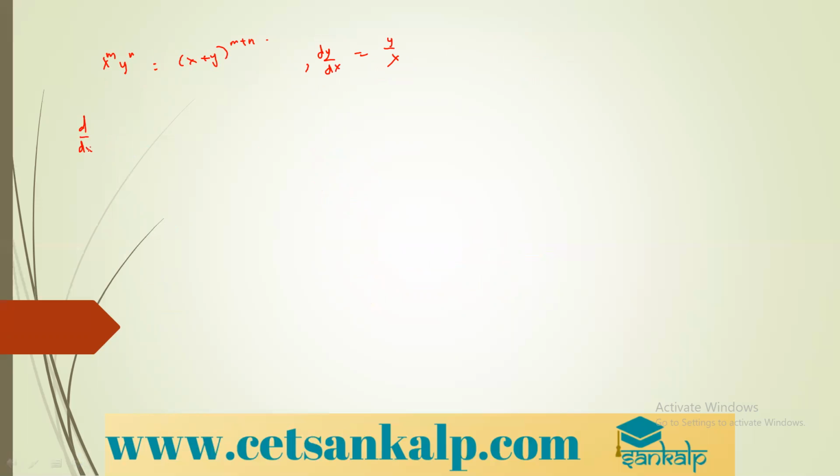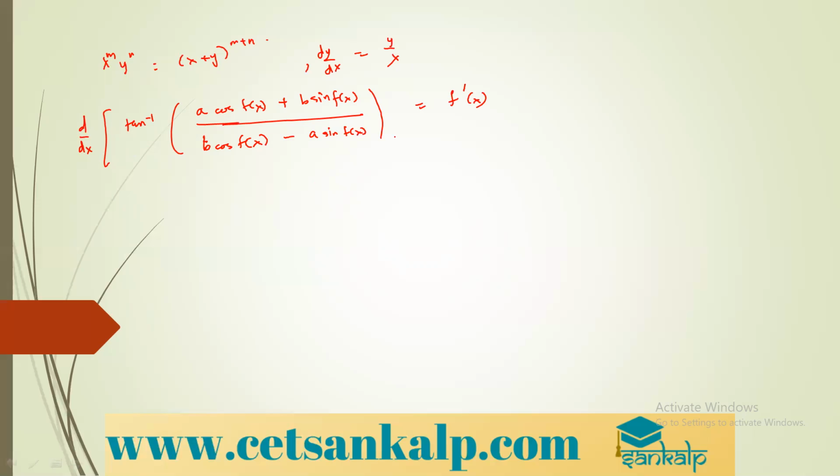And suppose if you have to find the derivative of tan inverse of a cos of f of x plus b sine of f of x by b cos of f of x minus a sine of f of x, that will be equal to just f prime of x.